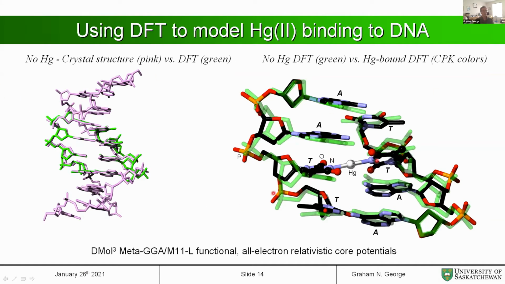Anyway, we put in mercury in this stretch of DNA, and basically, no matter where we started it, it always ended up between the central 2 thymidines, which is a nice thing to have found.